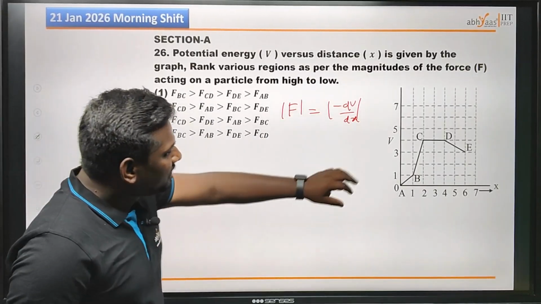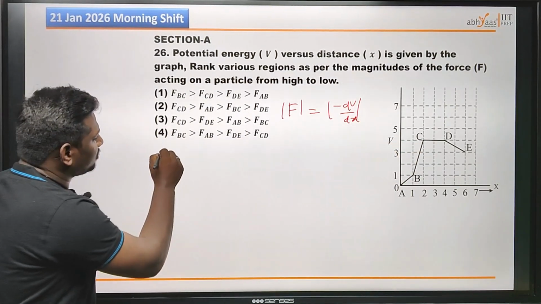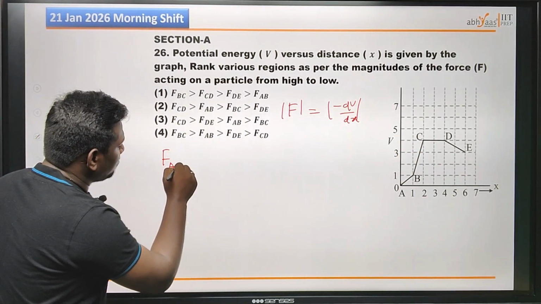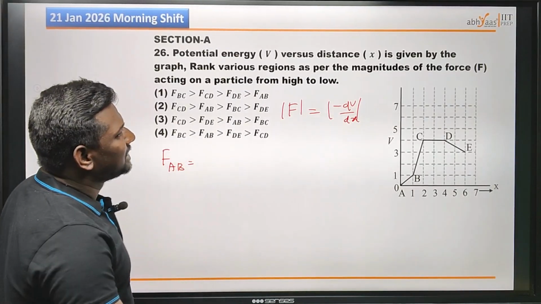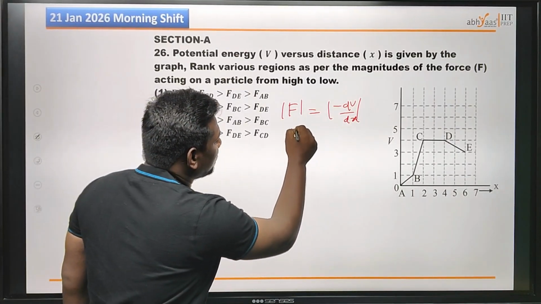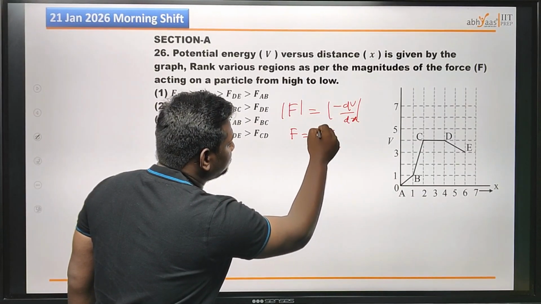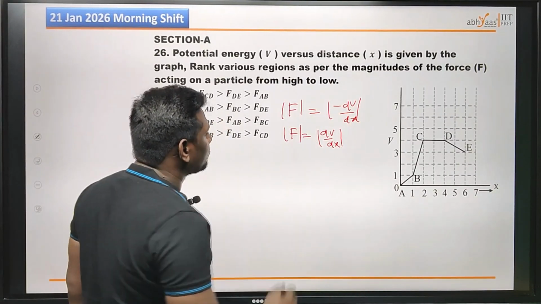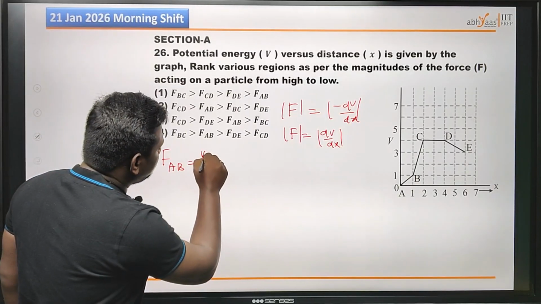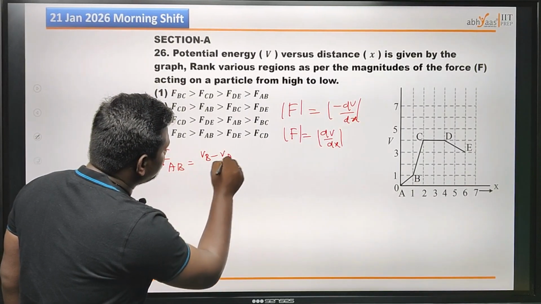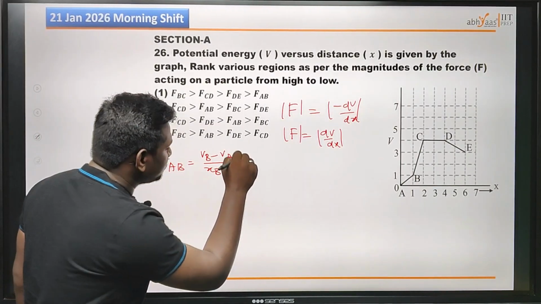Let's see this first curve, 0 to B. Force of AB, what is the formula? Minus dV by dx. I am taking the magnitude, that's why dV by dx. So see here, VB minus VA by XB minus XA.